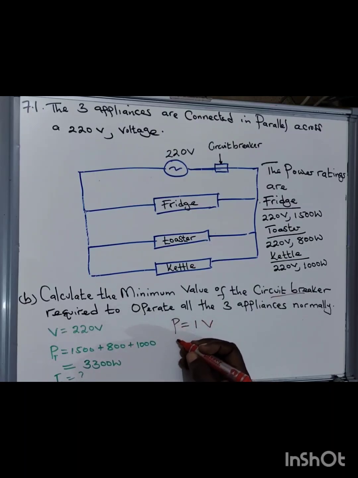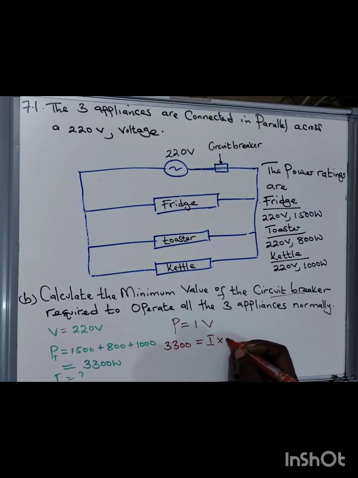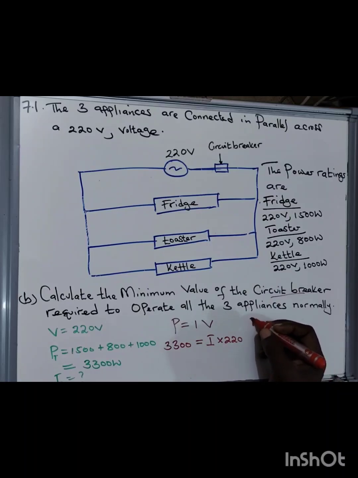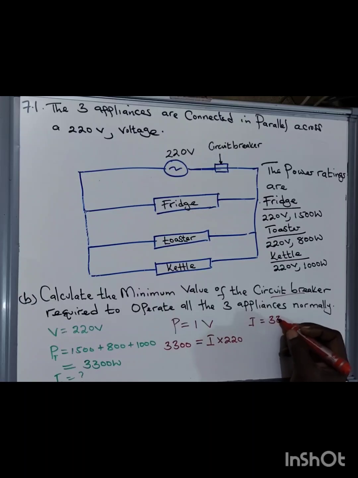If you substitute for P, which is 3300 watts, and we are looking for I, but V is 220 volts, so we can easily get I. From here, our I is going to be equal to 3300 watts divided by 220 volts.